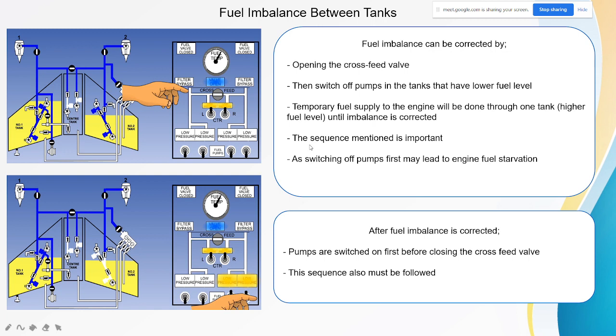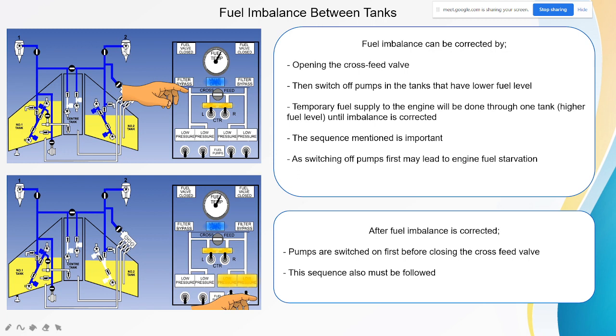It is to be noted that the sequence mentioned here is very important, because when we switch off the pump first before we open the valve, it may lead to engine fuel starvation. This means that when the valve is still closed but we turn off the pump, there will be a shortage, a cut-off of fuel.